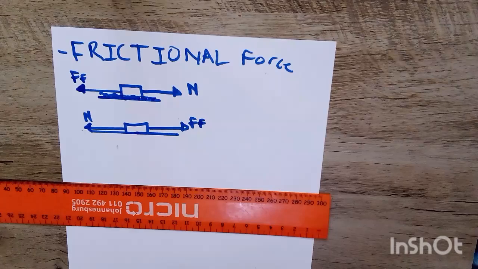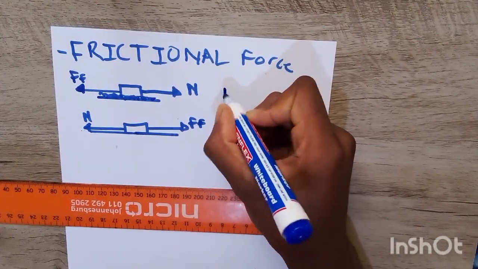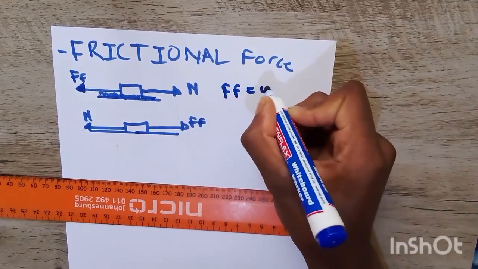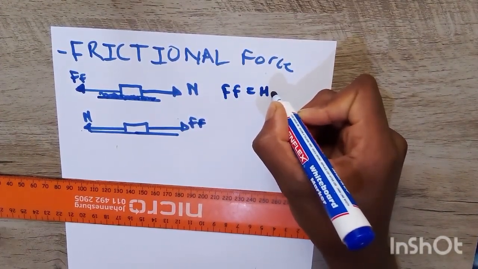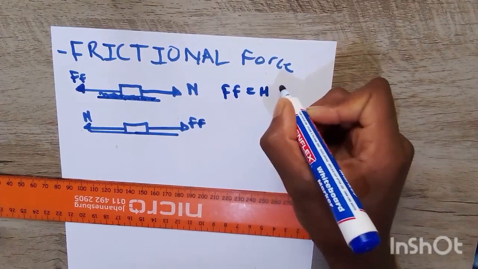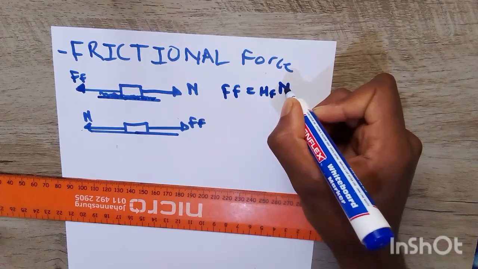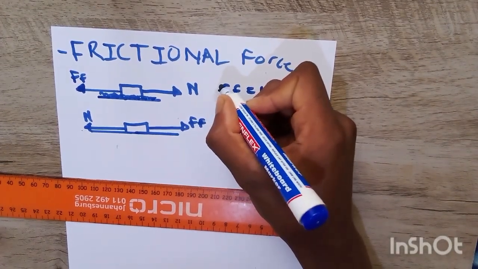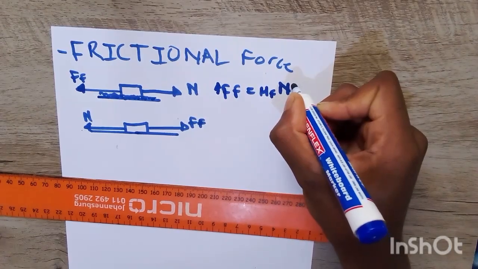So those are the things that you need to know, meaning that there will be a greater magnitude of our normal force acting on the object. Because remember, frictional force can be calculated by the coefficient, either the coefficient of kinetic or static friction, but I'm just going to call it the coefficient of friction, times the normal force. Meaning, the greater the frictional force, there's going to be a greater what?